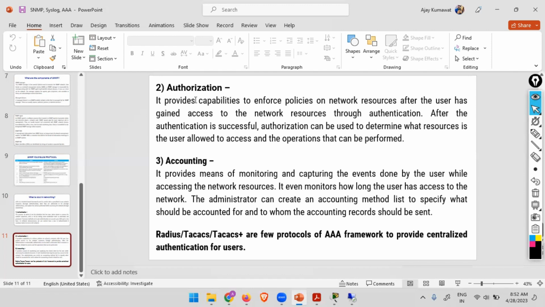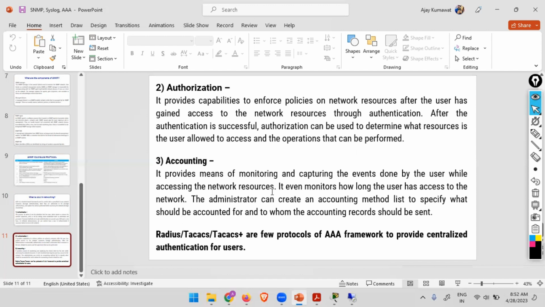Using the authorization. Accounting provides a means of monitoring and capturing the events done by the user while accessing the network resource, that is, what the user did while accessing. Okay. It even monitors how long the user has access to the network, what time the user logged in, what all the commands the user gave, what time the user logged out, right? What was the total session duration?